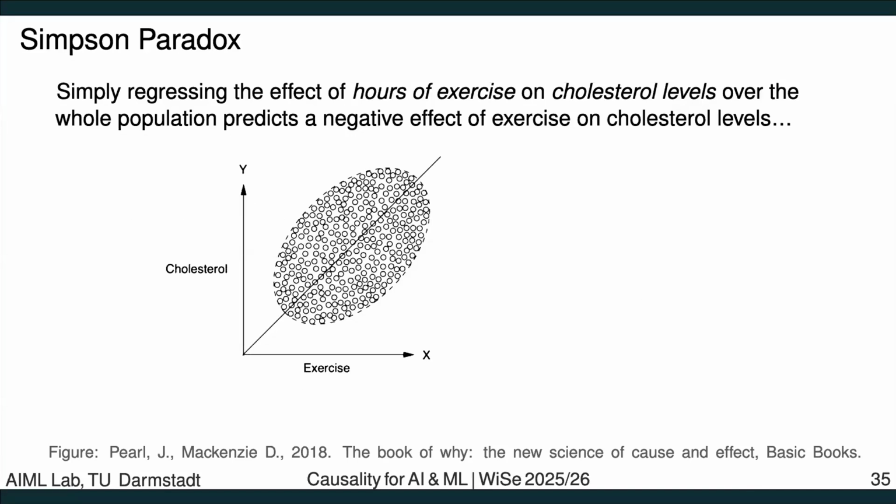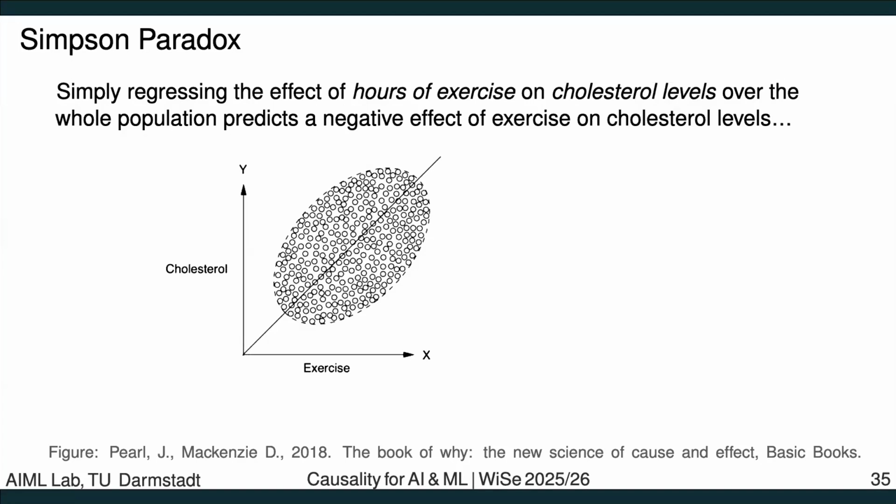The other thing that we could look at is Simpson's paradox. So this is an example from the Book of Why, where you say, well, I want to do some regression of the hours of exercise on the cholesterol levels in the population. And what I might observe is that somehow the more people exercise, the higher their cholesterol levels are, which might be a bit weird.